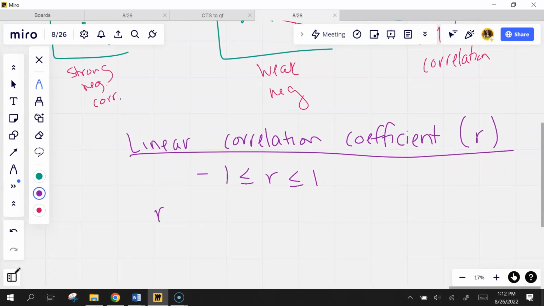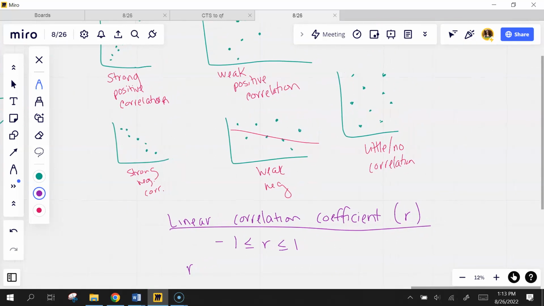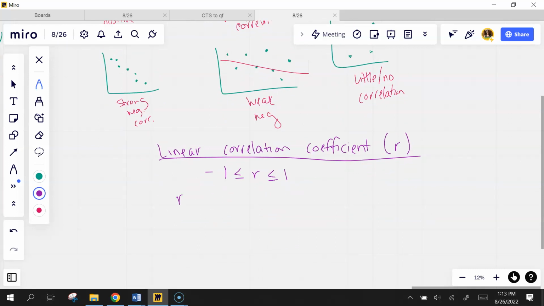Here's what it tells us. If r is positive, this means that there is a positive linear correlation.